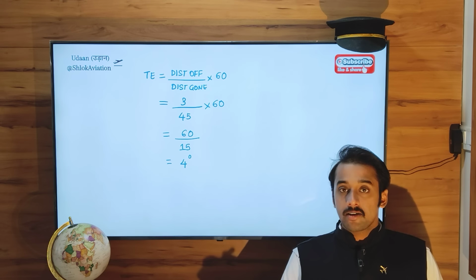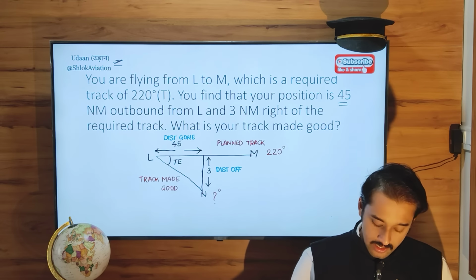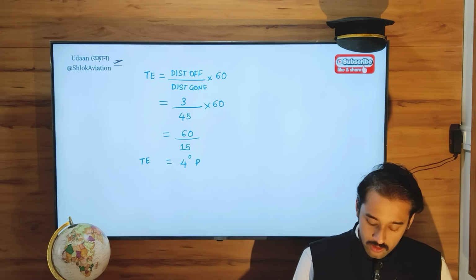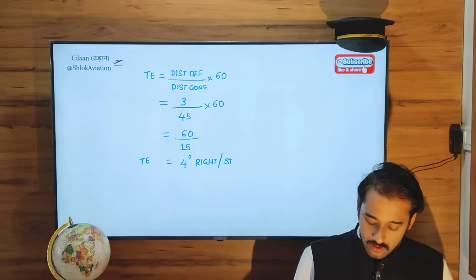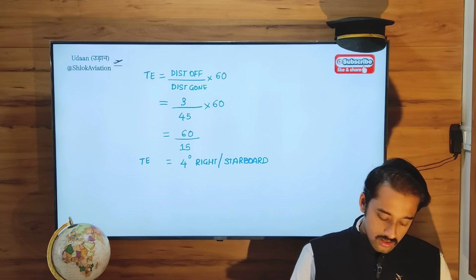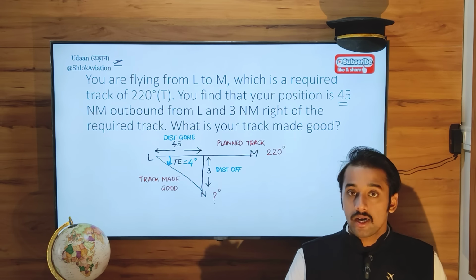So 60 divided by 15 is 4 degrees. So track error is 4 degrees to the right hand side, also known as starboard. So let's write this here. Track error is 4 degrees.